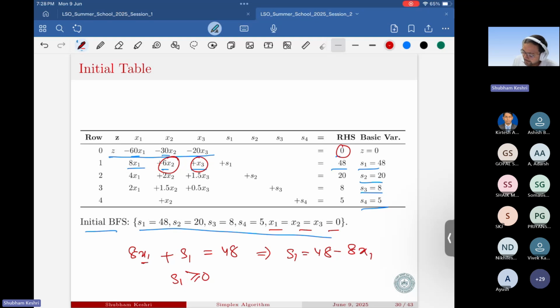Now s1 is greater than or equal to 0, which implies 48 minus 8x1 is greater than or equal to 0. This should hold, so if you increase x1, it shouldn't violate this constraint.